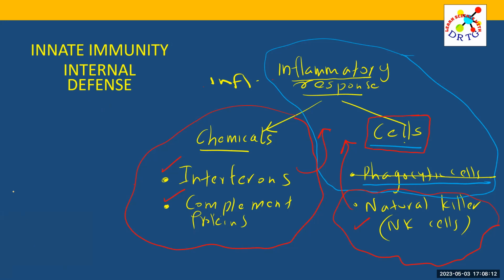Immunity, two types. One is innate, the other one is adaptive. Innate immunity, again, we divide into external and then internal.